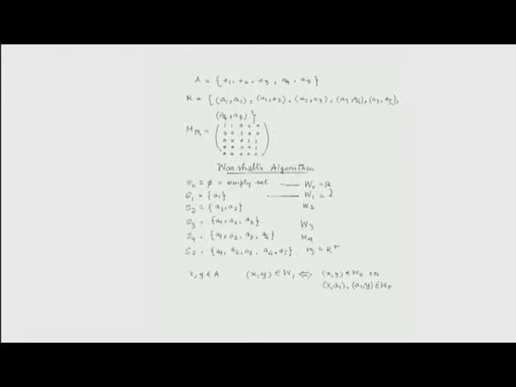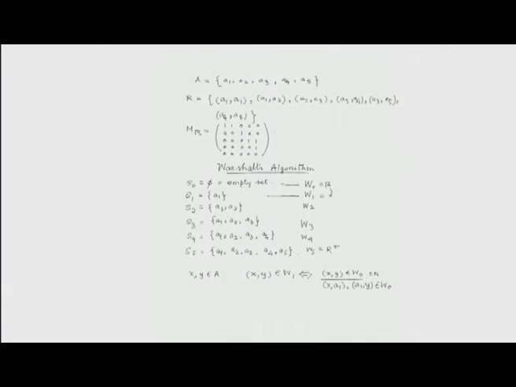This is very important, so we must have a close look at it. What I am saying here is that we are defining a new relation W1 from W0. Given a pair of elements x and y, I should be able to say whether this ordered pair belongs to the relation W1 or not.